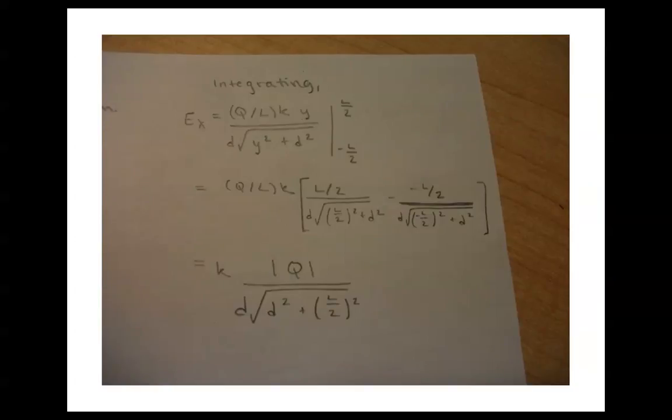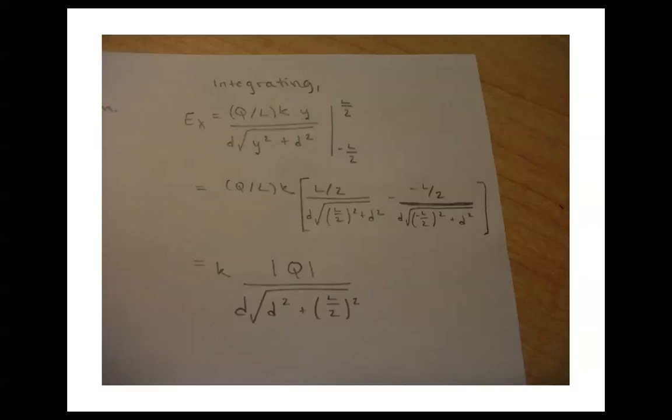Integrating, we get that E sub x equals q divided by L times k multiplied by y divided by d times the square root of y squared plus d squared, from negative L over 2 to positive L over 2, which equals k divided by L times q multiplied by L over 2 divided by d times the square root of L over 2 squared plus d squared, take away negative L over 2 divided by d times the square root of negative L over 2 squared plus d squared.